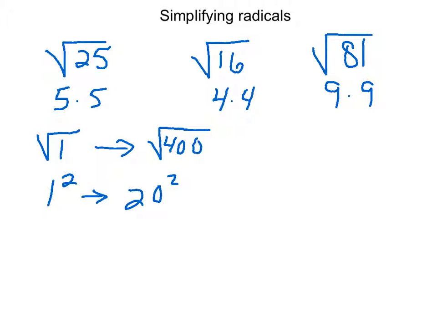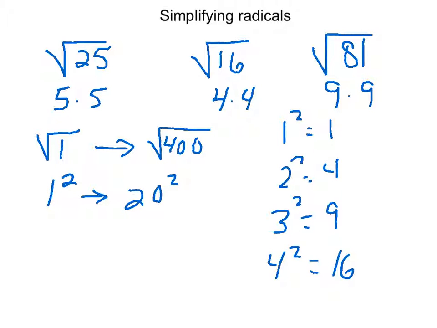What I would suggest having as a tool for this video, if you have it, or you can pause and make it yourself, is just start a list. 1 squared equals, 2 squared equals. It may feel a little ridiculous and redundant, but I honestly would suggest going through and making a list like this all the way down to 20 squared equals 400.